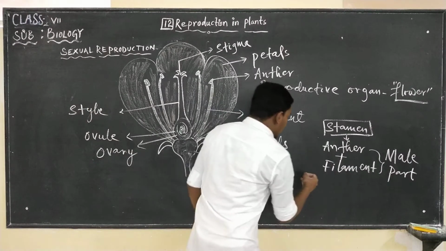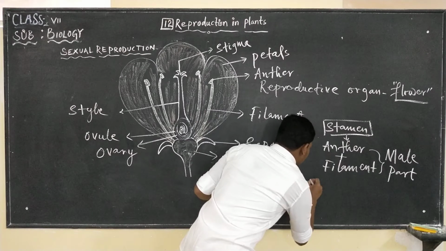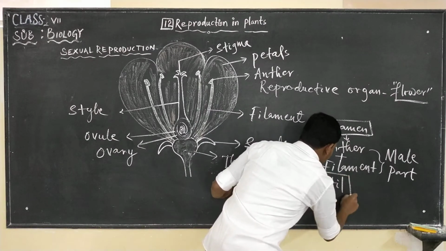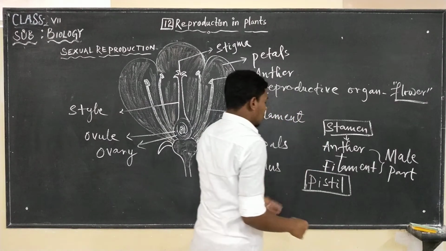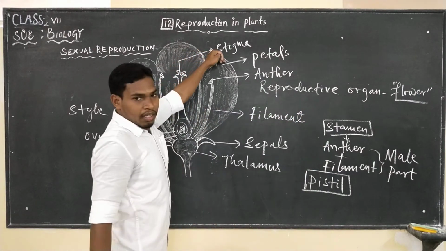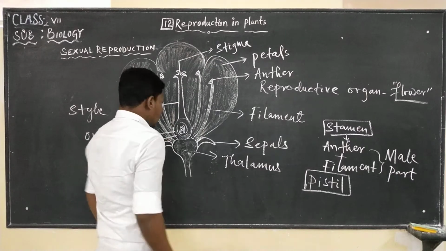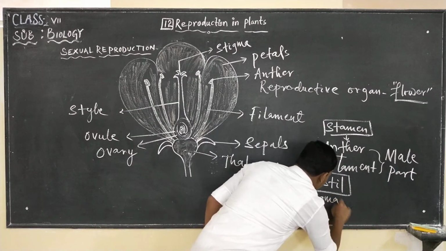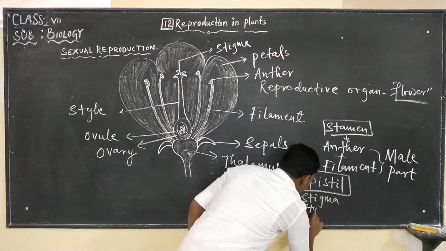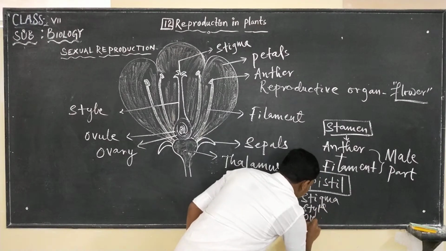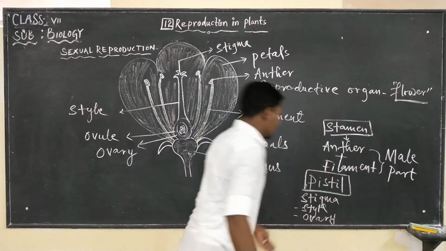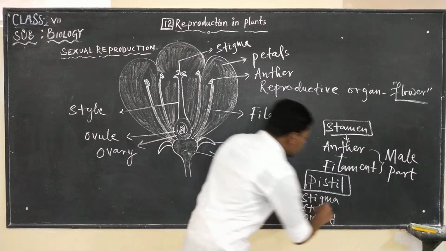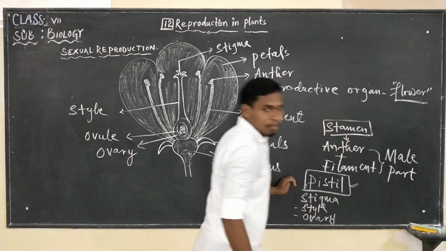So stigma, style and ovary are the female part of the plant, and it is known as pistil.